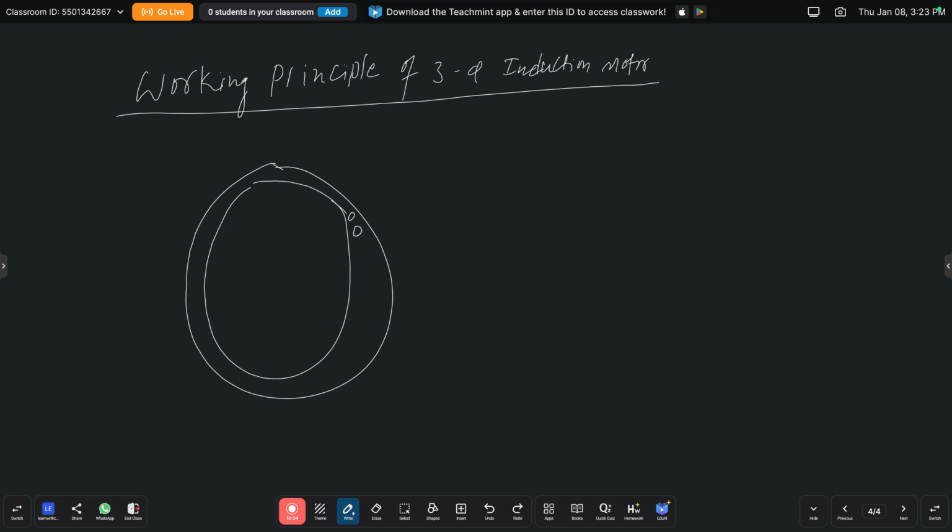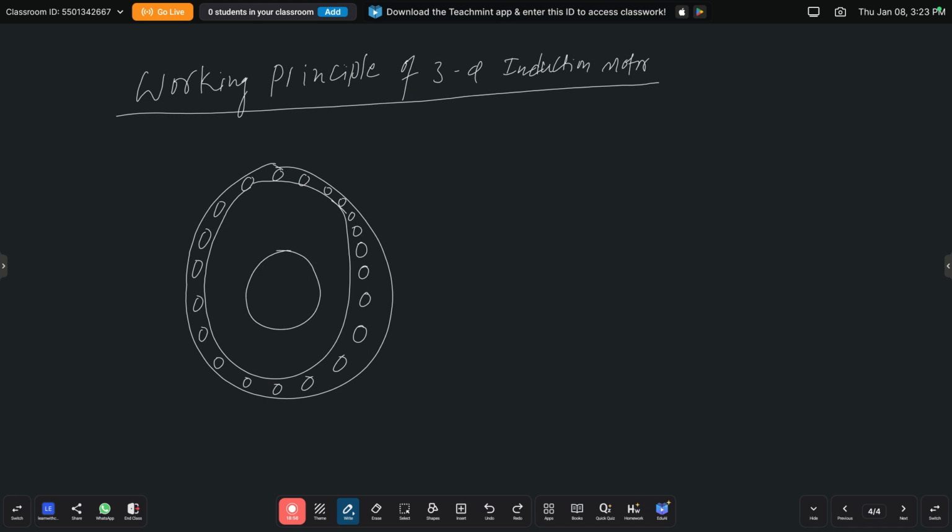This is the stator conductors. This is the rotor.